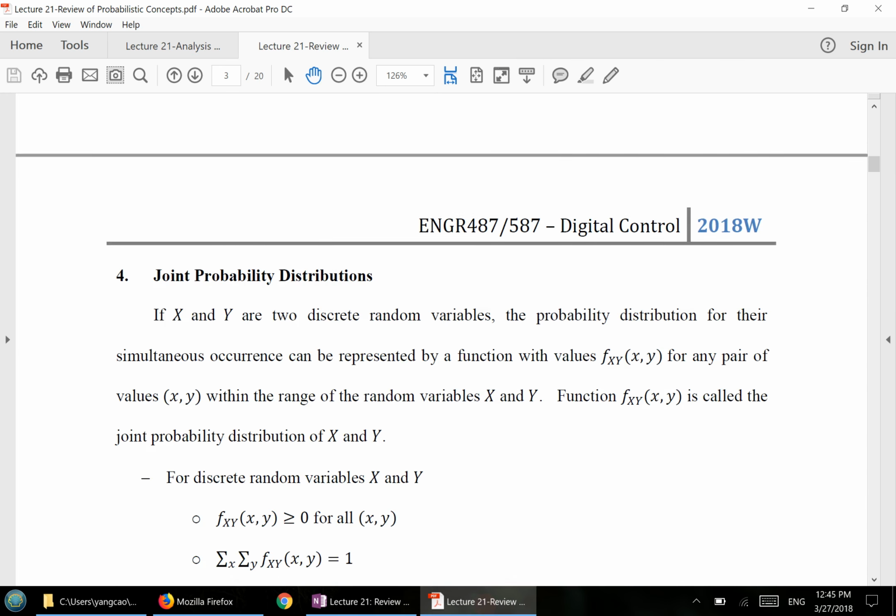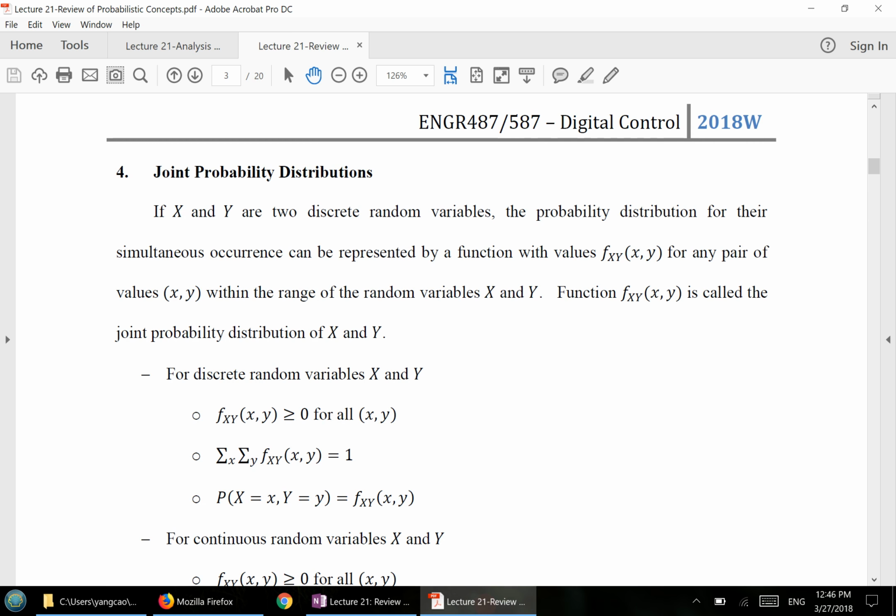So now let's go into the so-called joint probability. If you learn probability and statistics at third year level, then you're learning multivariable statistics, and that's where you see the joint probability distribution. You're taking 2 random variables into consideration at the same time.